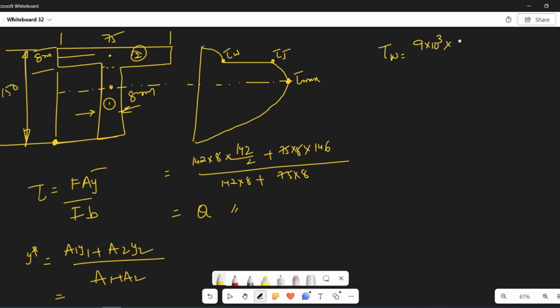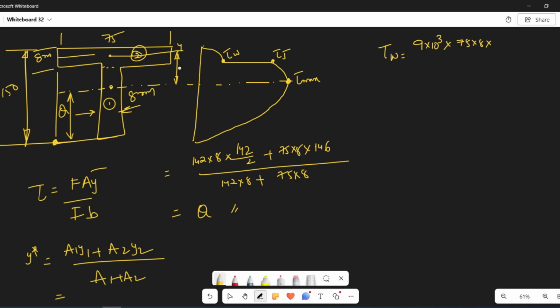A area is how much? 70... y bar. Y bar means the distance of... we are losing 4 mm here. We'll get a certain value for this one with respect to this, which is the value of q. Okay, so based on that you have to identify what this distance is.